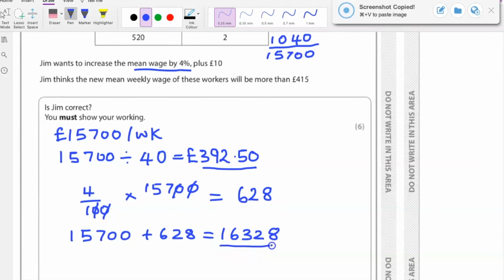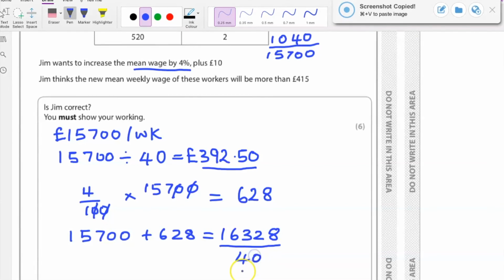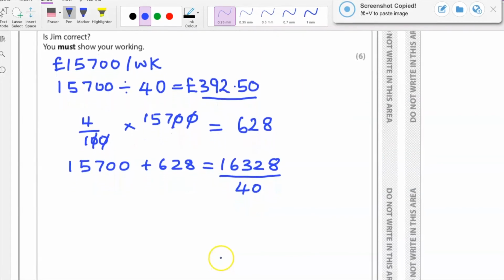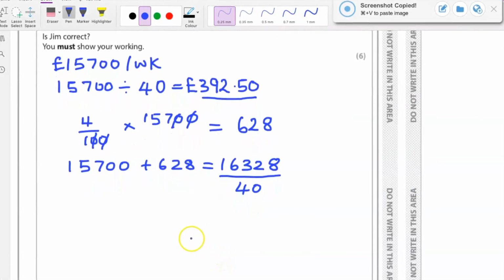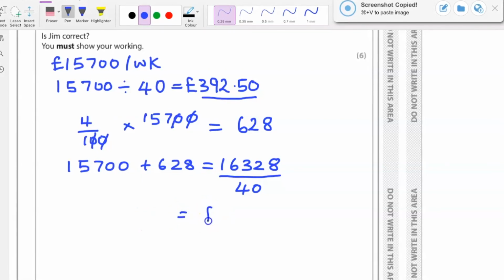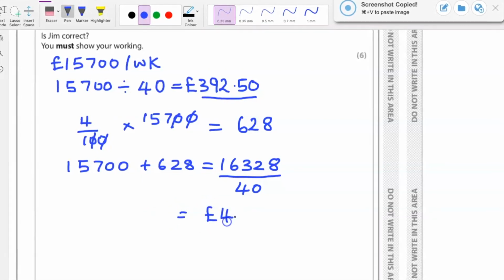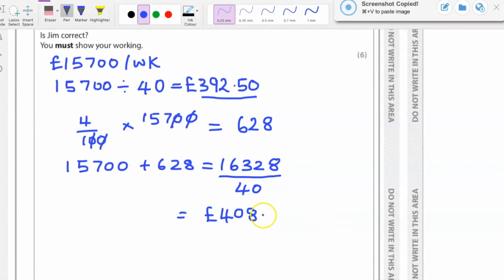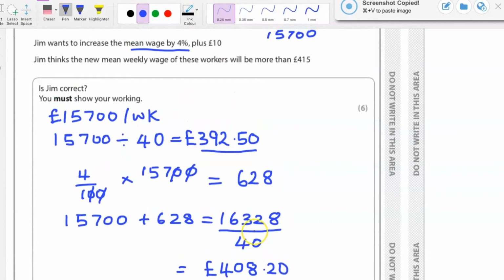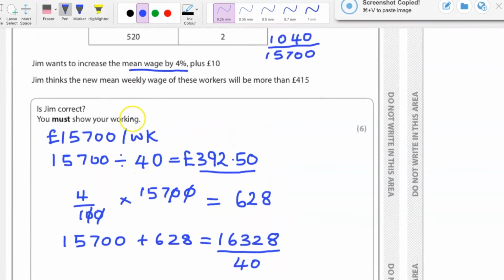Divide your answer by 40 and put that in your calculator. You will get 408.20. So back to the question, it said he's going to add 10 pounds.